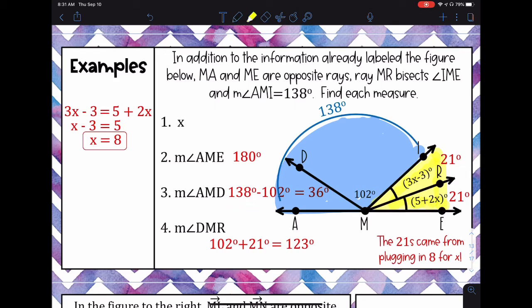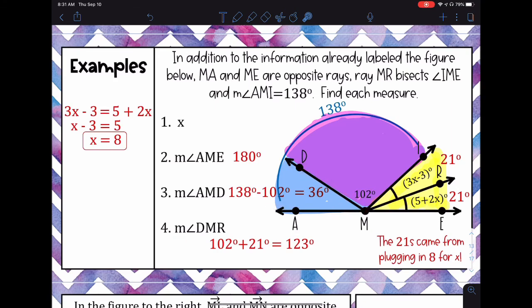We're going to take away what's in hot pink, take that slice of pizza out of there. What are you left with? 138 minus this big slice of pizza, which is 102 degrees, equals 36 degrees left. So this right here in blue is 36 degrees.